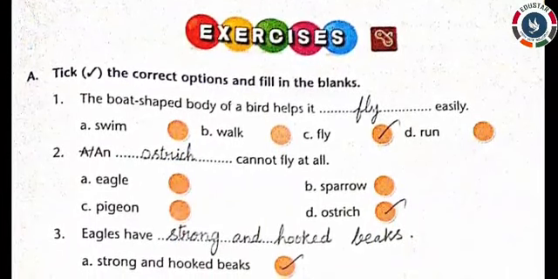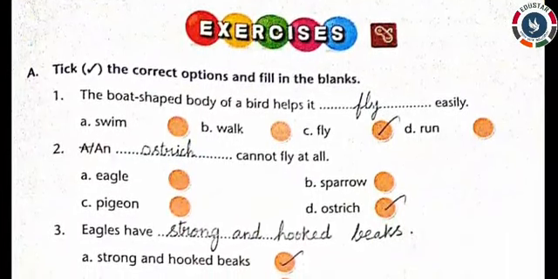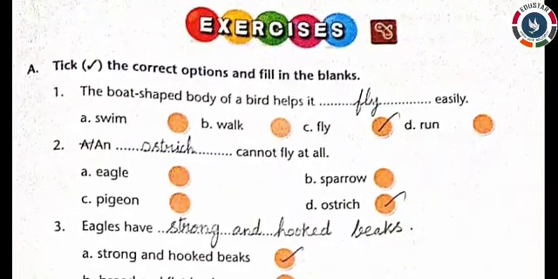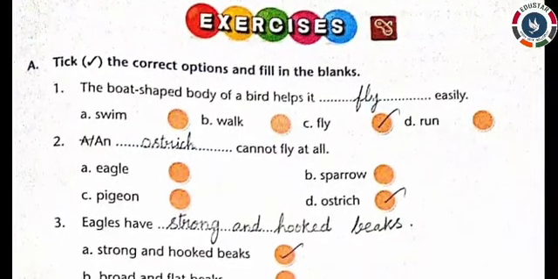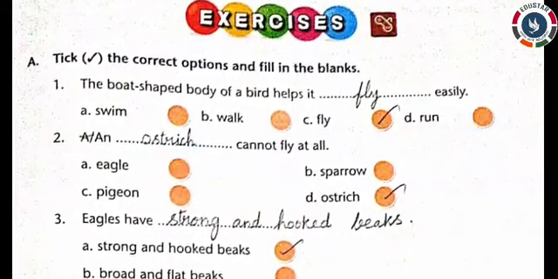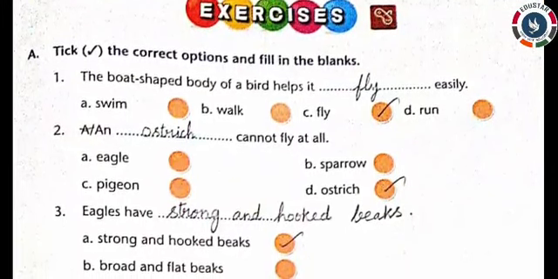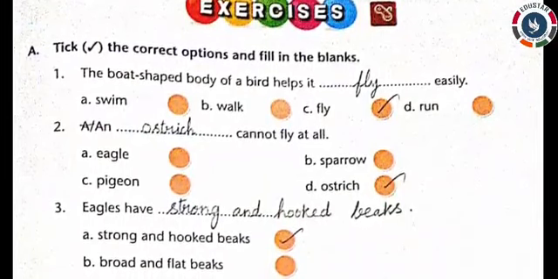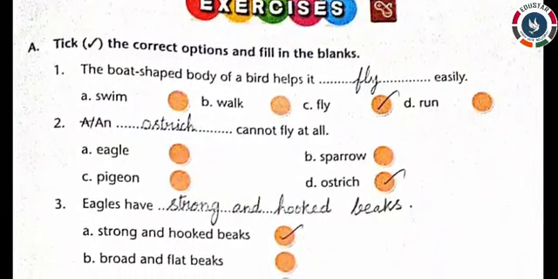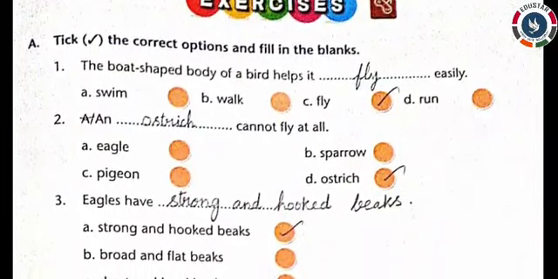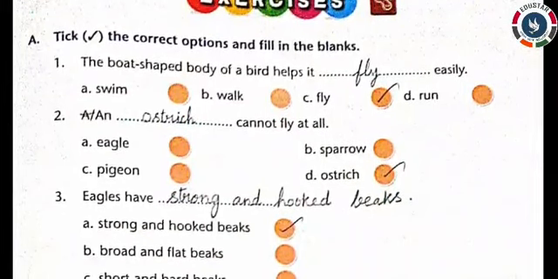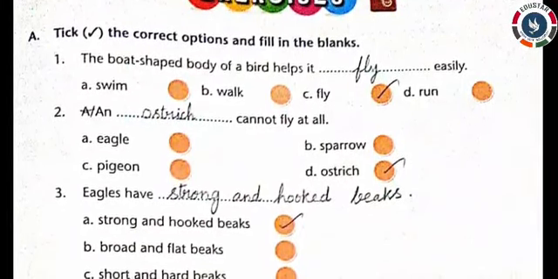See the first one. The boat-shaped body of a bird helps it dash easily. And the options are swim, walk, fly, run. What is the answer? Yes, fly.